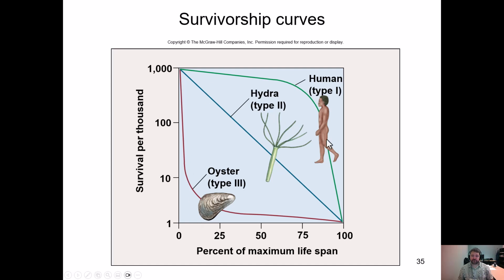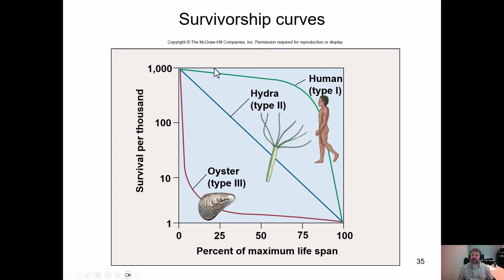Okay, humans is a good example of something like a type 1 curve. And normally we talk about organisms that have high levels of parental care, organisms that have very few offspring, have a type 1 curve. So things that might just have a single baby, like a blue whale. Okay, its survivorship from a very young age is pretty stable.